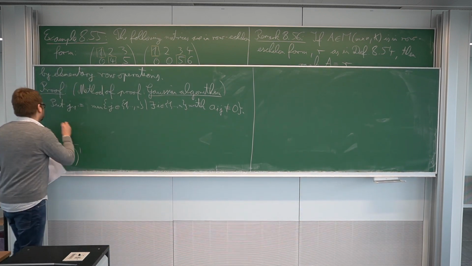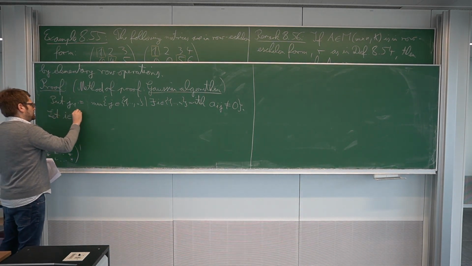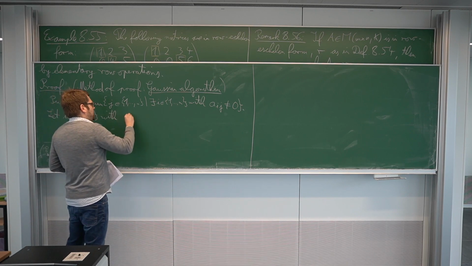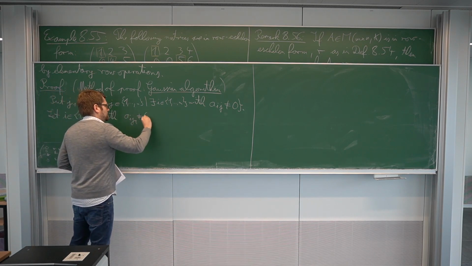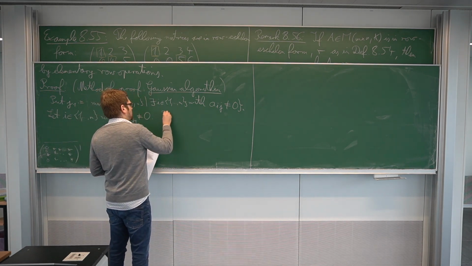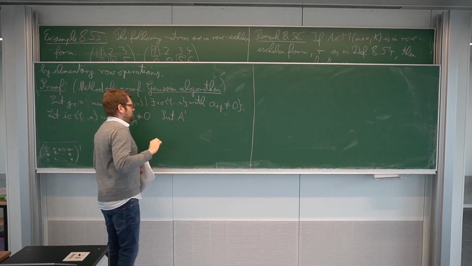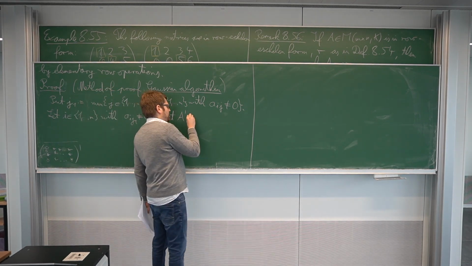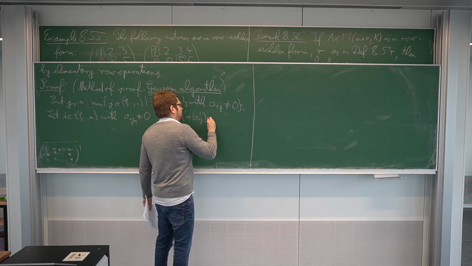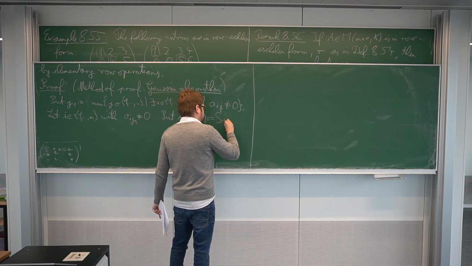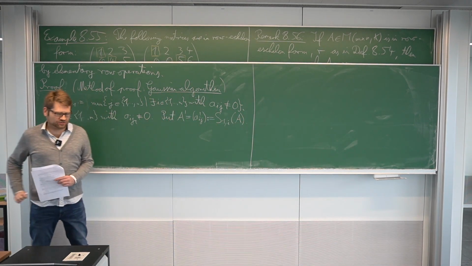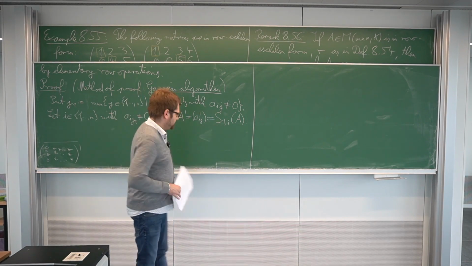So let i be some row with a_ij1 non-zero. Then we take A prime to be the matrix we obtain from swapping. We denote the entries of this matrix by a_ij prime. This is defined as applying the swap of the first row and the ith row to A. Of course, if i is equal to 1, nothing is happening. This is just the identity, but this swaps in case it isn't.